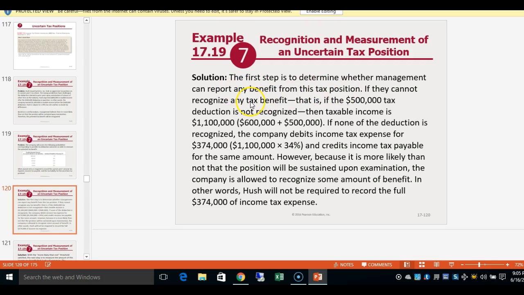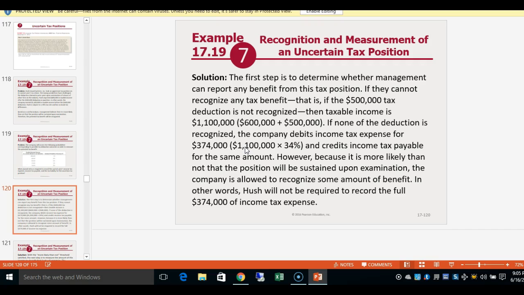If they cannot recognize any benefit, the $500,000 tax deduction is not recognized. Then taxable income is the full $1,100,000. If none of the deduction is recognized, the income tax expense is 34% on the $1,100,000.